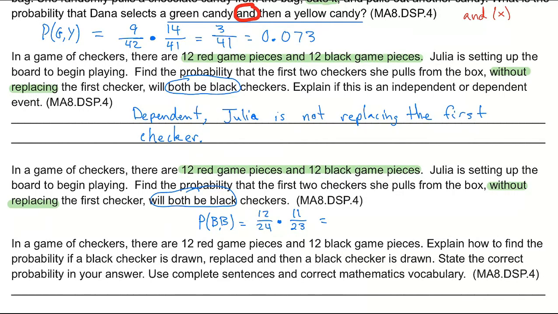So when you take 12 24ths times 11 23rds, you get 11 out of 46, which converts to 0.239.